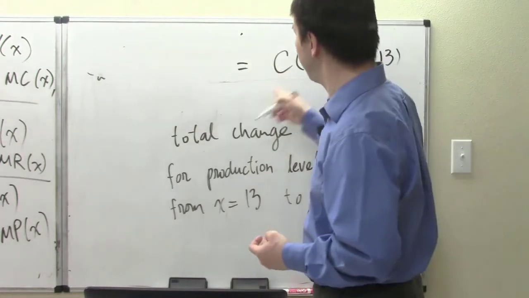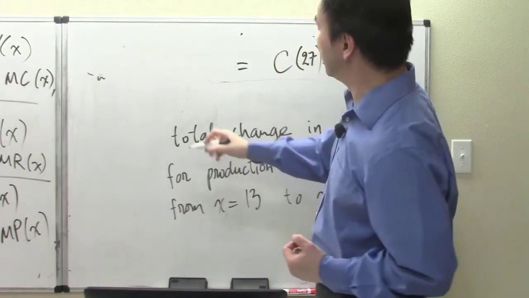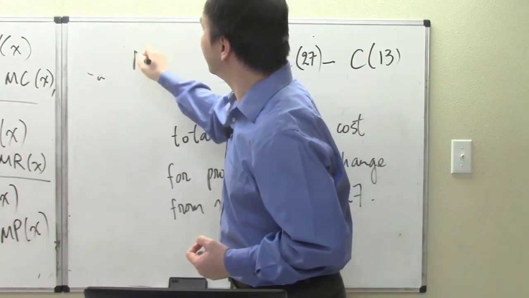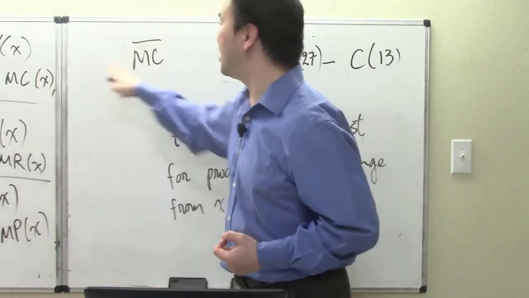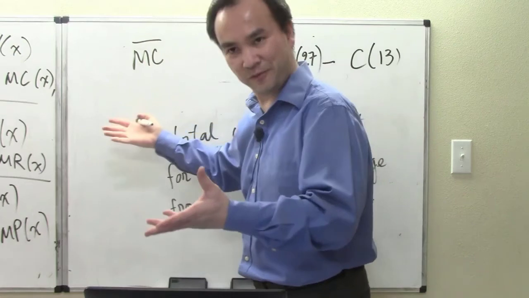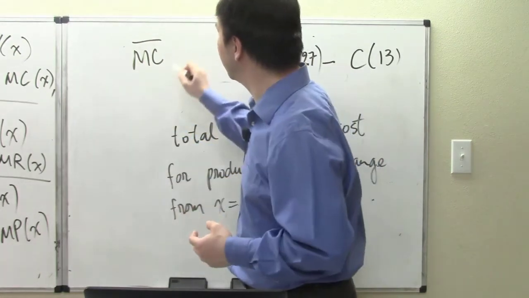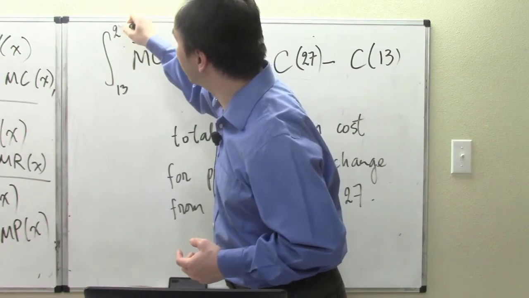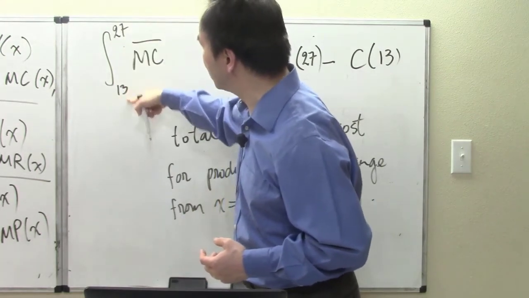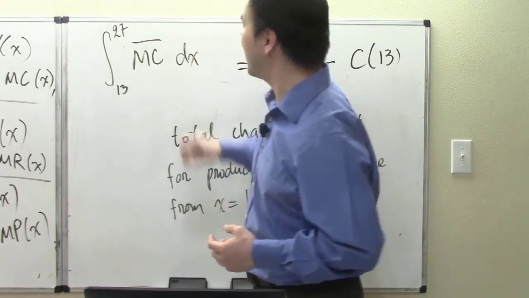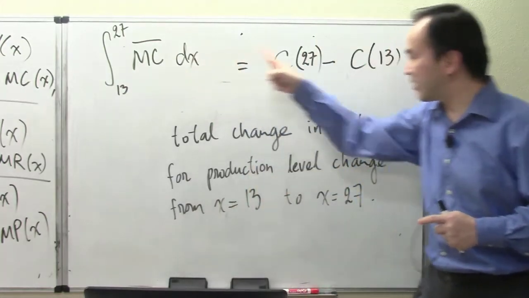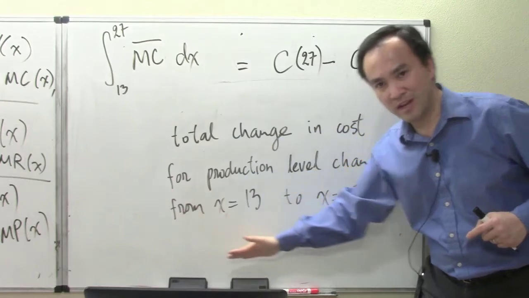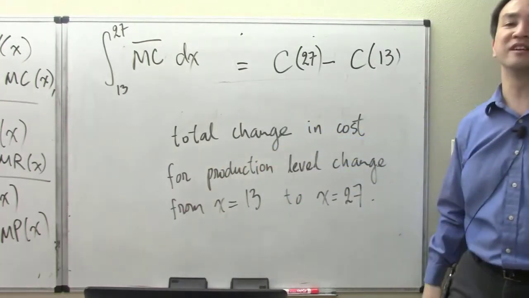Then this must have come from taking our MC, the marginal cost function, which was given on the screen previously, and taking the definite integral from 13 to 27 with respect to x. That's how we can arrive at this answer, and how we can eventually calculate the goal that we're looking for.